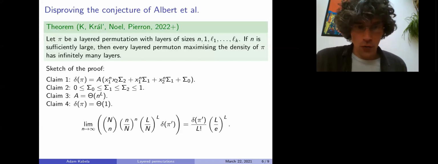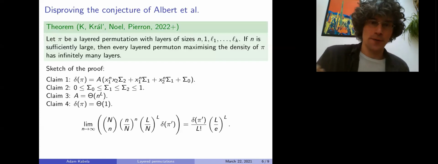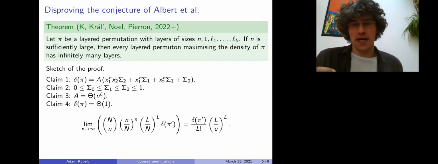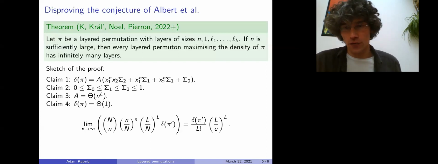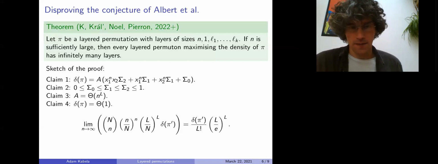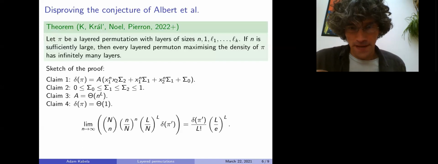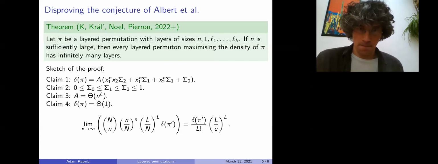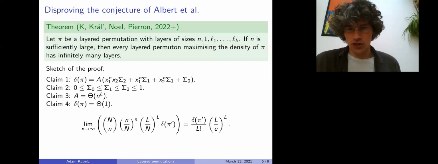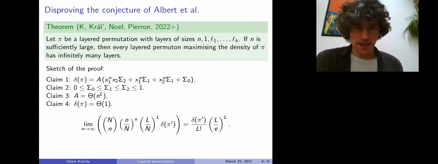So all in all, we can lower bound the packing density of pi by something which is positive. That means that the packing density of pi does not go to 0 and means that it's roughly of this magnitude.